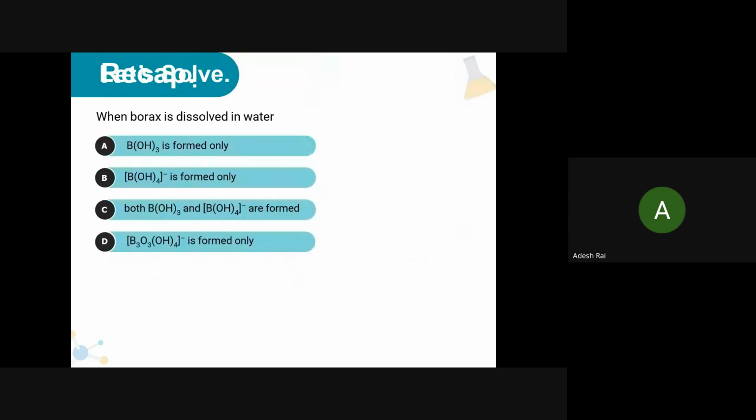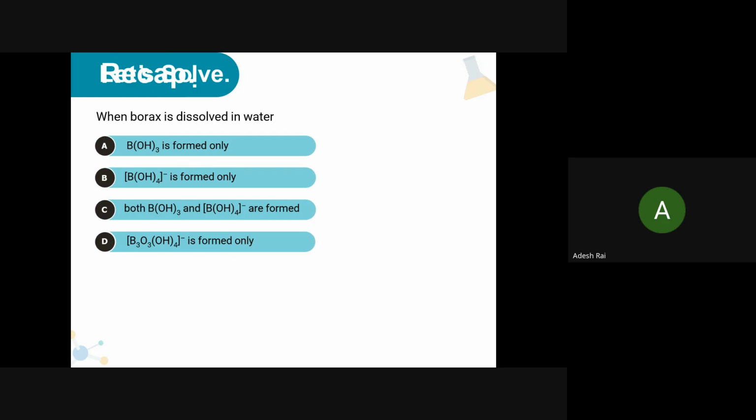Okay, moving on. When borax is dissolved in water, what happens? The aqueous solution of borax is a buffer solution, no? And what is present in a buffer solution? A weak acid and its salt.